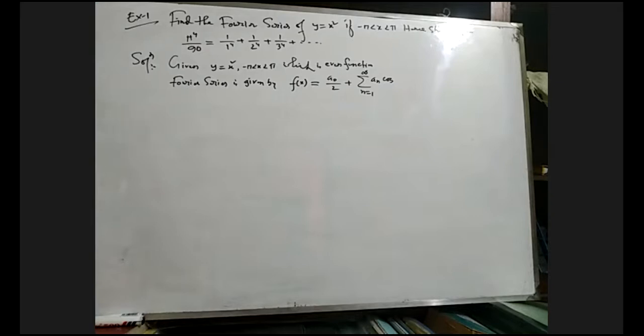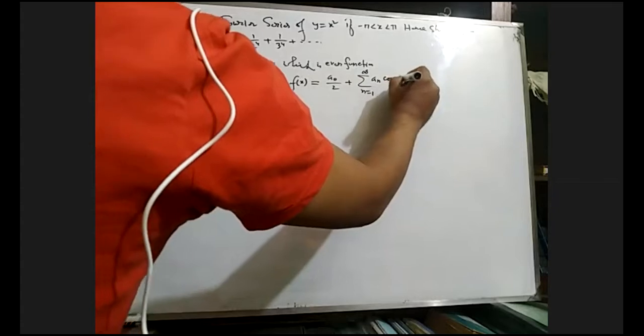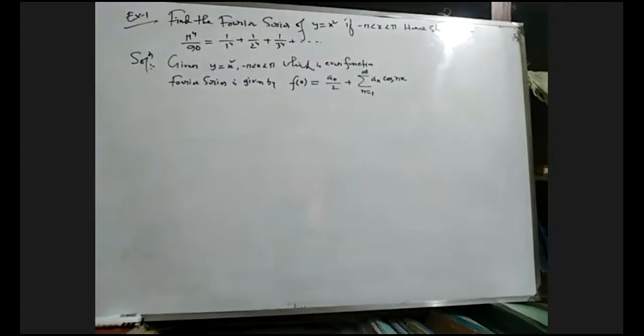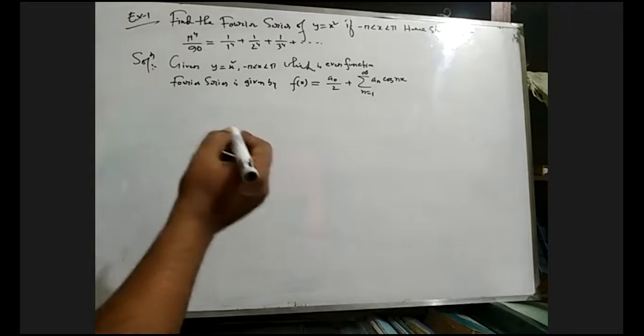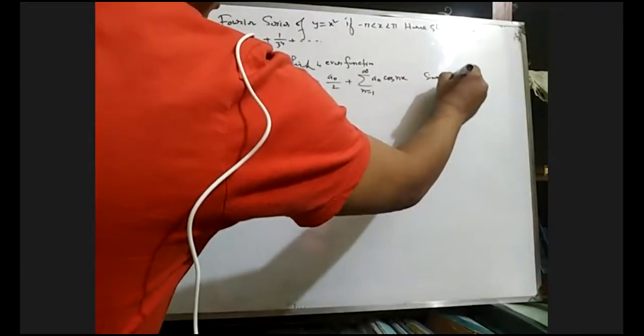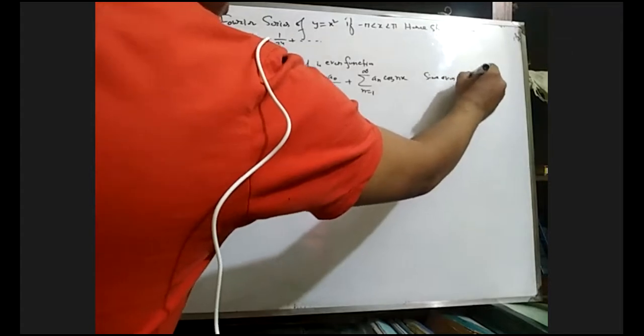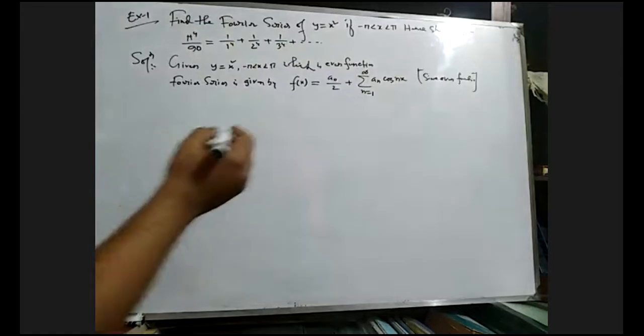Remember it. Because this is actually which function? Even function. This is why sine will be omitted for an even function. Remember it, for even function the sine term will be cancelled.